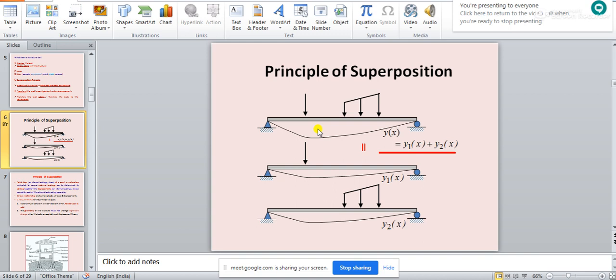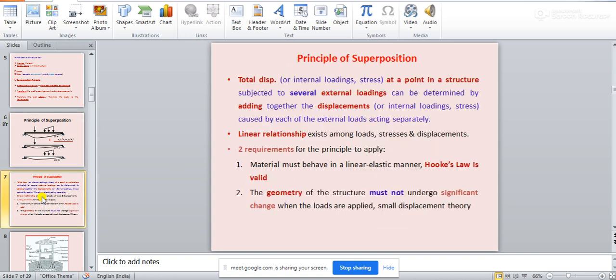The sum of those things created by individual forces will be equal to the effect of all the forces together. You should not say sum of all the forces equals sum of all the forces. You must specify which sums: the total displacement, internal loadings or stress.